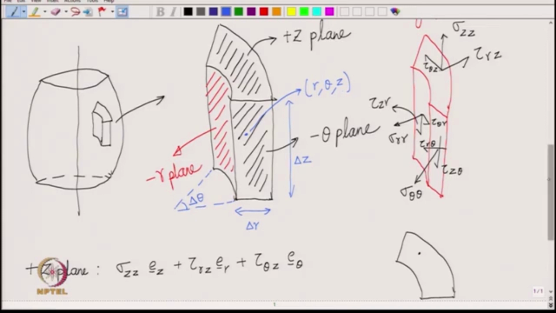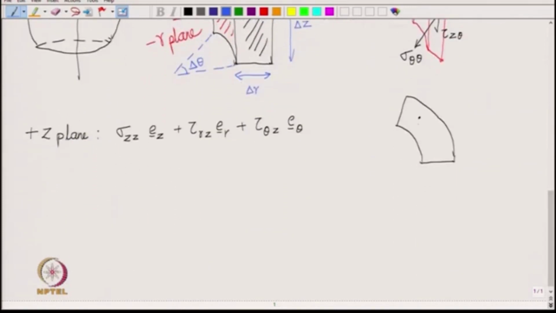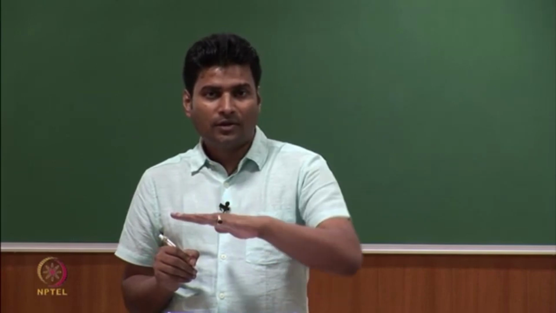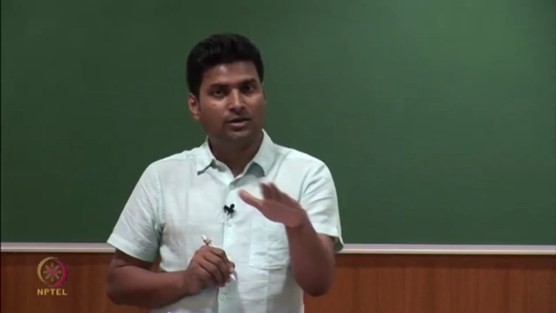So, any point on the top surface here, what will be its coordinate? So, the z coordinate will have to have z plus delta z by 2, is not it? So, the z coordinate will be z plus delta z by 2 and that is fixed, but small r and small theta are going to vary, is not it, and that is how we scan the z plane.